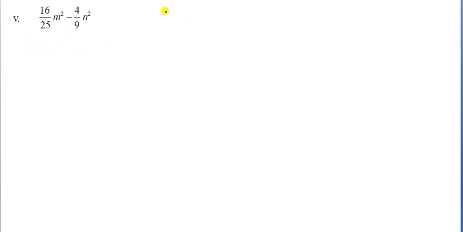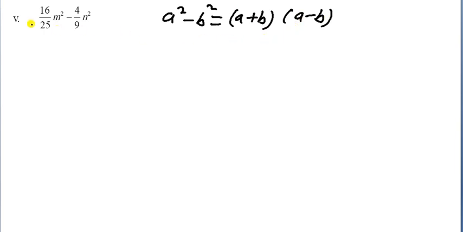What will happen? Our identity, first you have to write the identity. So a square minus b square, that is (a plus b) and here (a minus b). So that identity is used in this question. Our question is 16 upon 25 of m square minus 4 by 9 of n square. So what will happen?